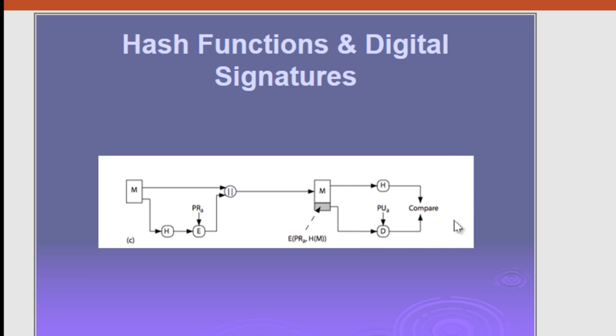If both are the same, he confirms that there is no modification in the middle, and also that this message is from user A. So both the digital signature and the content modification verification are done by using the hash function.